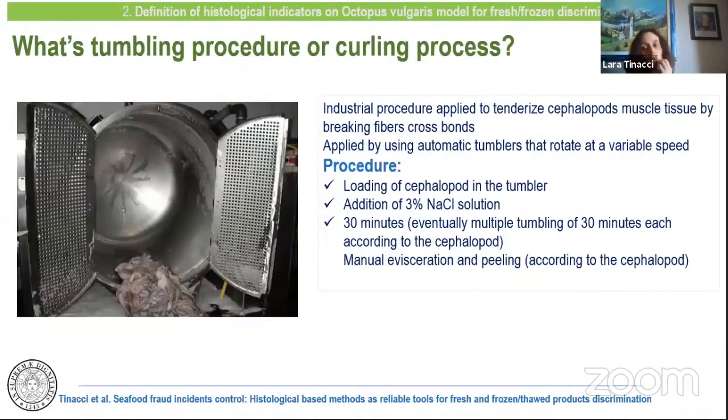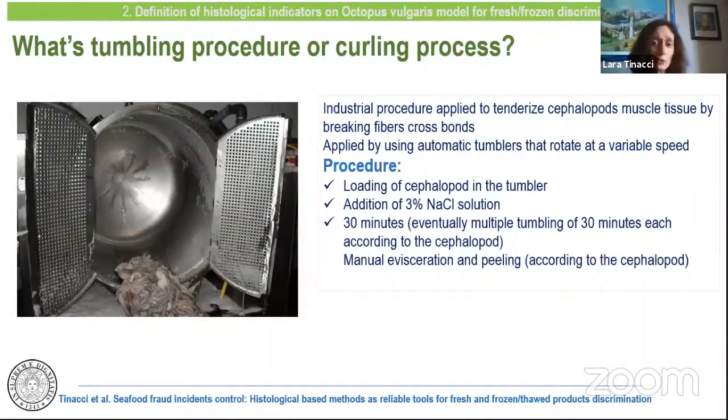The tumbling procedure, or curling process, is an industrial procedure applied specifically to cephalopods to tenderize their muscle tissue by breaking fiber cross-bonds, and is applied using an automatic tumbler that rotates at varied speed.